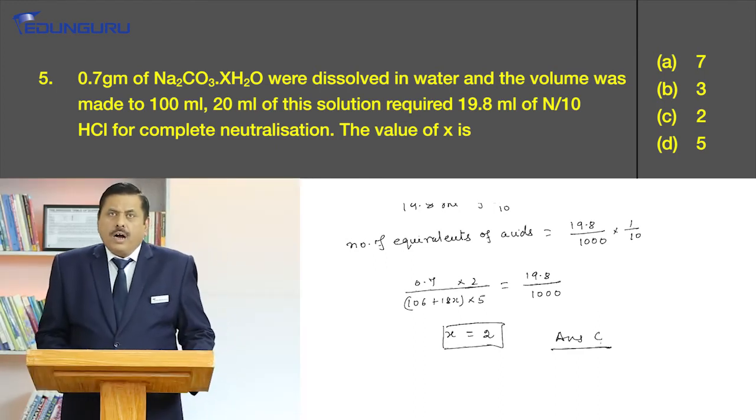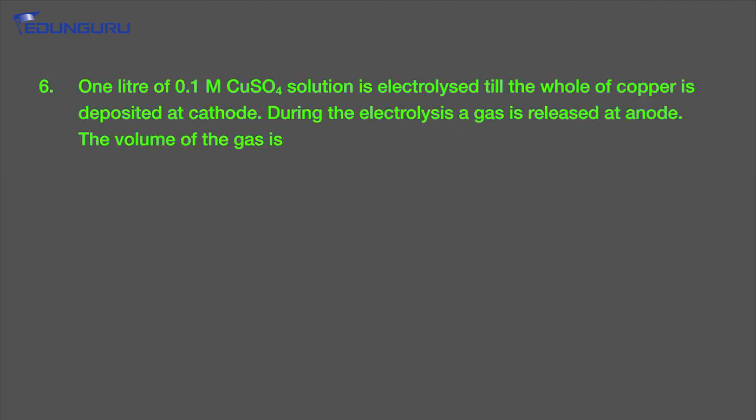Now come to our next question. 1 liter of 0.1 molar copper sulfate solution is electrolyzed till the whole of copper is deposited at the cathode. During the electrolysis, a gas is released at the anode.